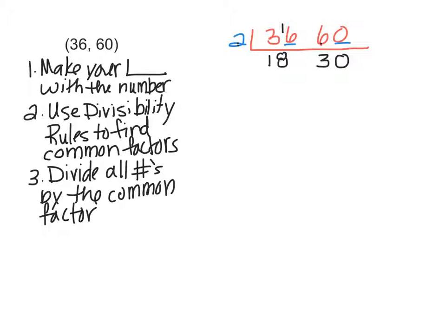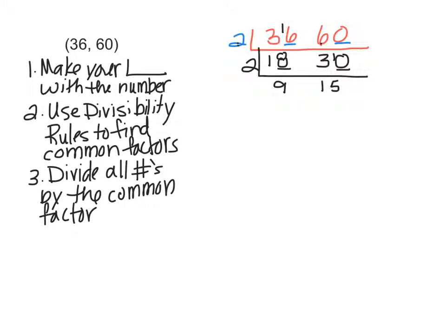Again, we can use our 2 because of our back numbers, so we'll make another layer. Put a 2, 2 goes into 18 9 times, 2 goes into 30, 2 goes into 3 once, we have a leftover 1, 2 goes into 10 5 times. 2 no longer works. Let's look at our other rules. 2 doesn't work, so 3 is the next one we try.